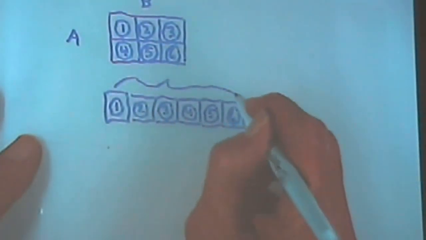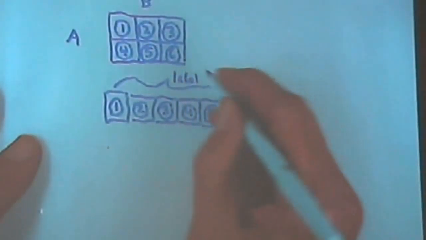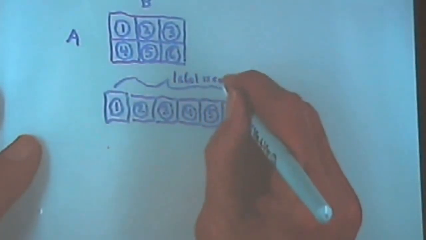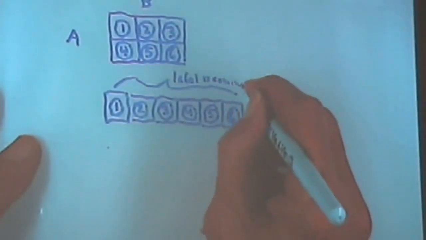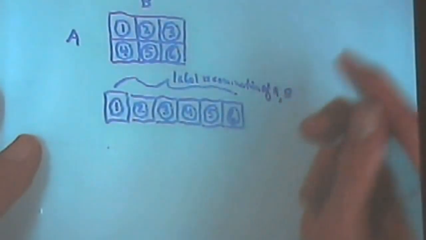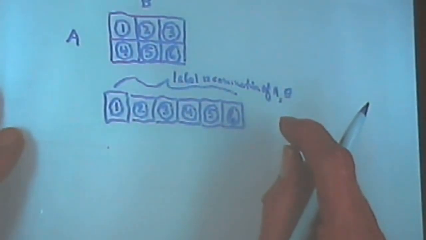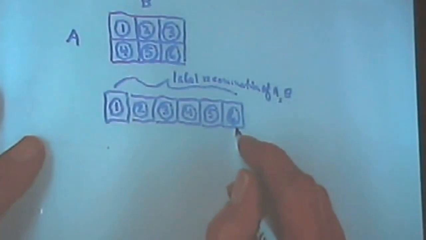What should I make for the label here? Well, the label is some kind of combination of factor A and factor B. But I don't really care what the label is, because if I want to run the Levene test, I want to test whether the 6 variances are equal.